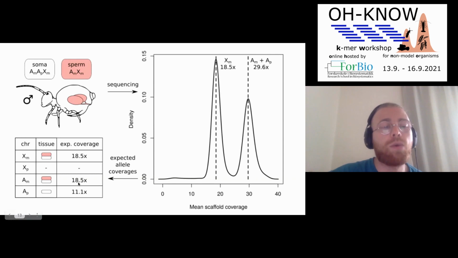If we calculate the expected coverages of the individual haplotypes, we expect the maternal X chromosomes to have 18.5x, maternal autosomes 18.5x as well, and the paternal about 11.1x. So we expect that about 40% of the springtail body is actually sperm to give us this kind of ratio between coverages.